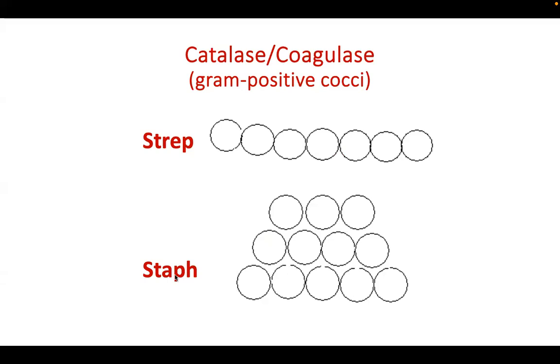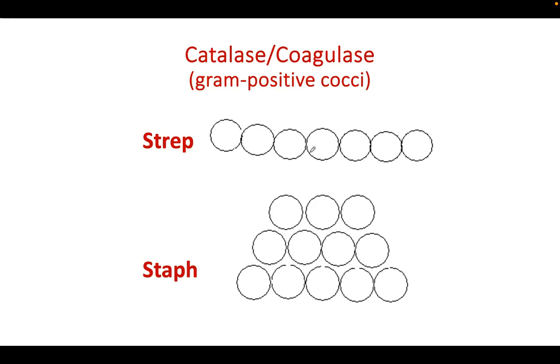Now, always remember, we have the streptococci, which form strips or lines of cocci, while the staphylococci would form clusters or grape-like clusters. Now, between these two organisms, staphylococci and streptococci, which is catalase positive? Is it strep or is it staph?